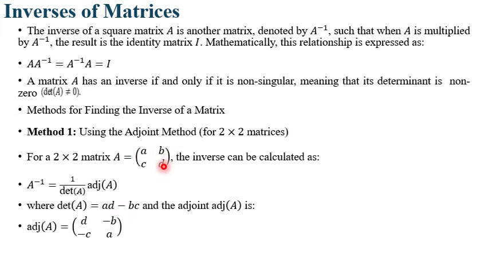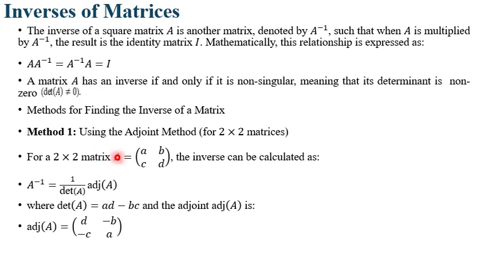So that means you interchange this and you simply change the sign of B here to minus B. You change the sign of C here to minus C. So if it were minus here, you change the sign to plus. If it were minus here, you change the sign to plus. So whatever the sign is here, you simply change it on these two elements. All right.